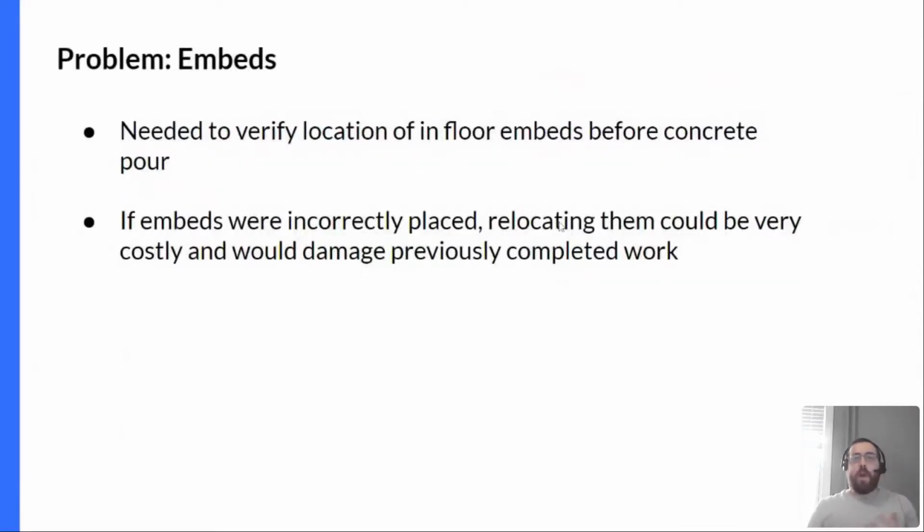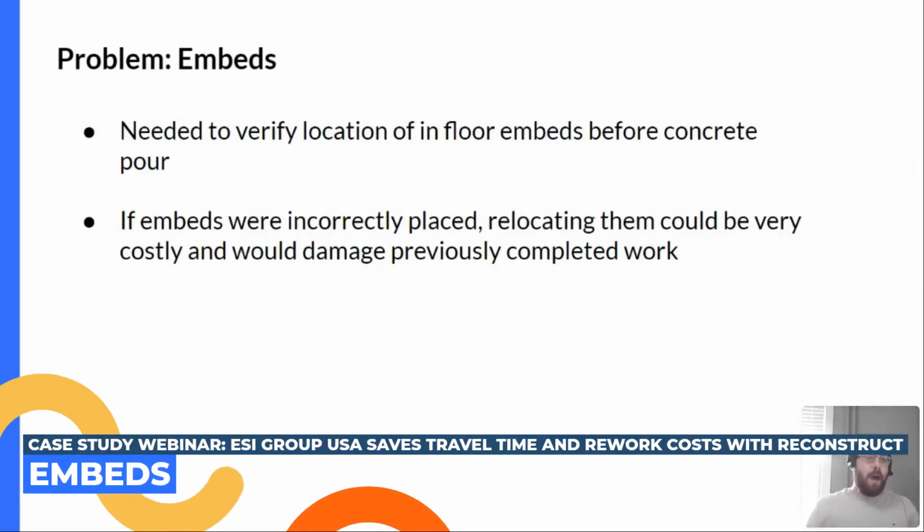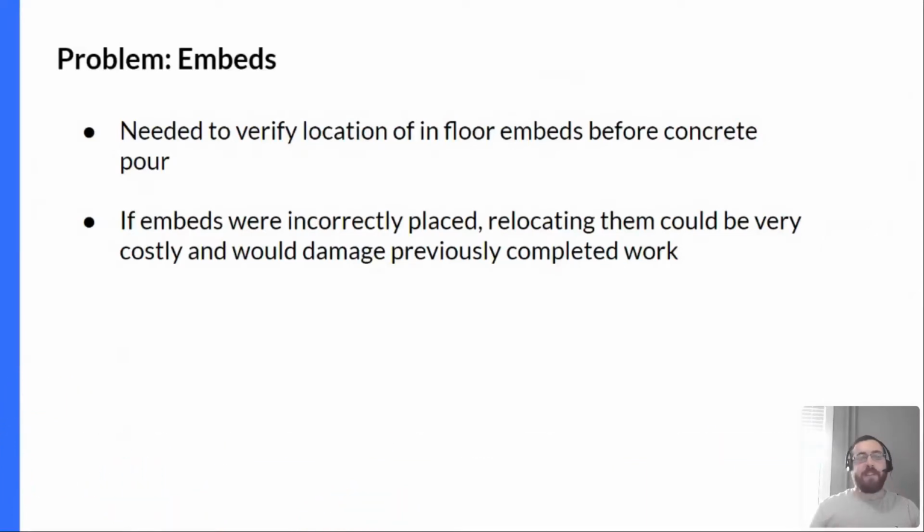So another problem that we tend to see has to do with in-ground embeds, especially before a concrete pour. They can be tricky to get right as designs change and minor adjustments are made. You really have to make sure that you have them correct, because once you pour that concrete, it's going to cost money to core drill through to new openings.